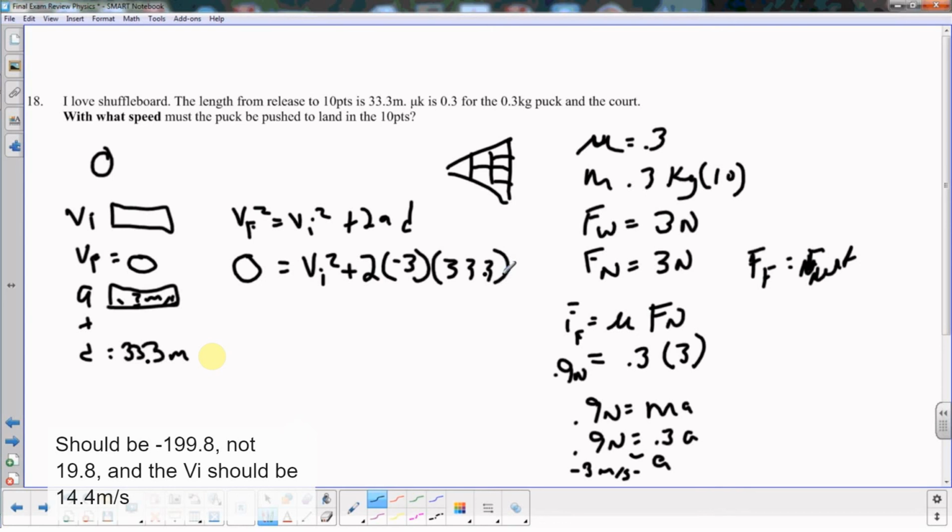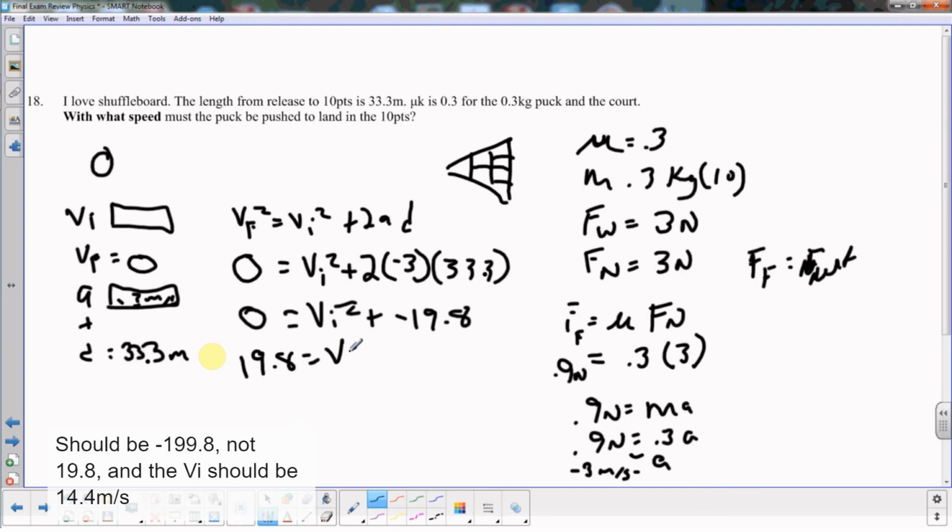So 0 equals VI squared plus negative 19.8. Add 19.8 to both sides.